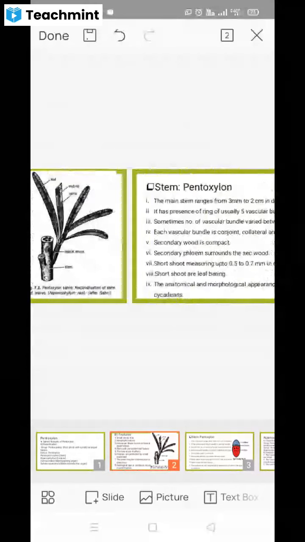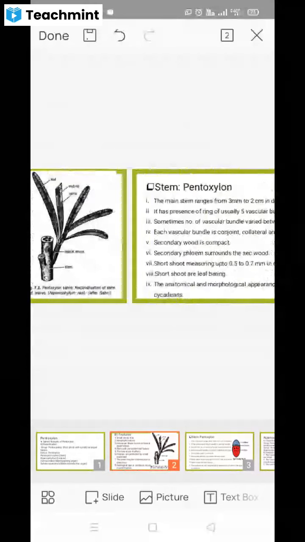Sometimes in the wood of Pentoxylon, the secondary wood is compactly arranged. Then the secondary phloem surrounds the secondary wood. So in this Pentoxylon, secondary growth is present.